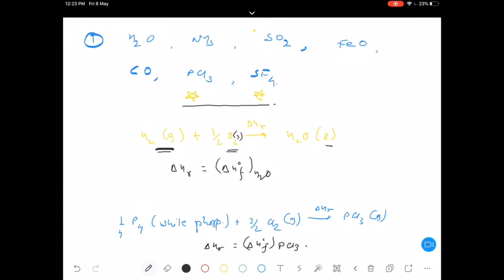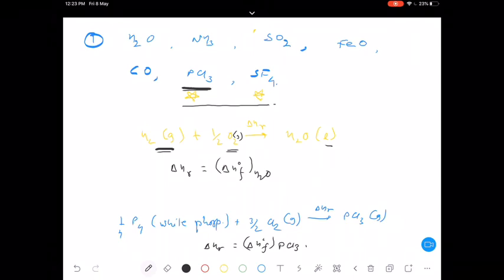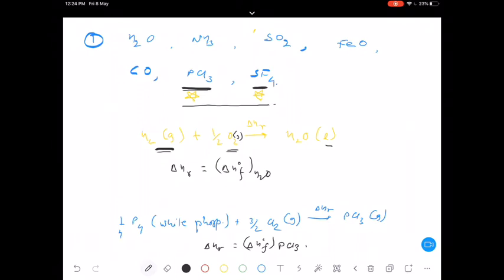Is that clear? Why I have made star mark? Because you should be able to figure out the standard state of such compounds. That you can do with the help of inorganic chemistry. Is that clear? Any confusion, any doubt? Correct.